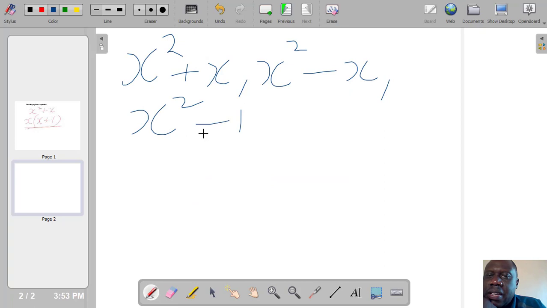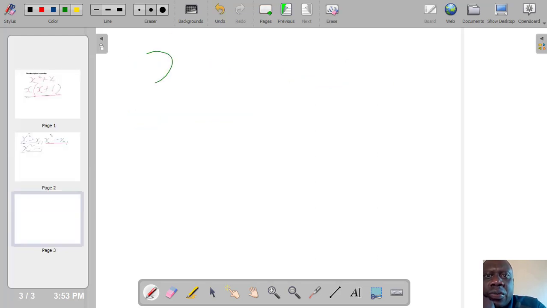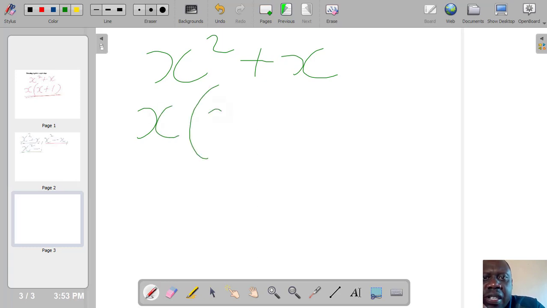To be able to find the LCM of these three expressions, you are going to factorize each one of these expressions separately. Okay, so let's begin with the first one, x squared plus x, and let's try to factorize that. We are simply going to find what is common, and we'll find x is common. Into bracket we find another x plus 1.